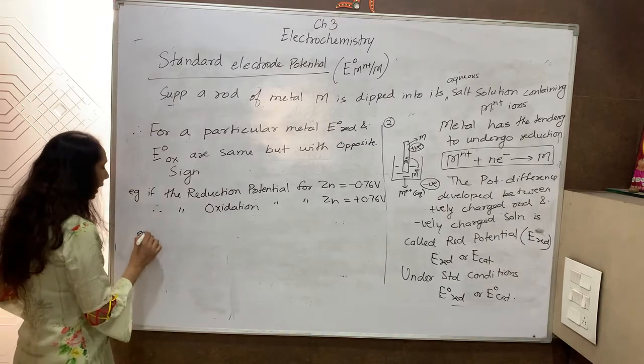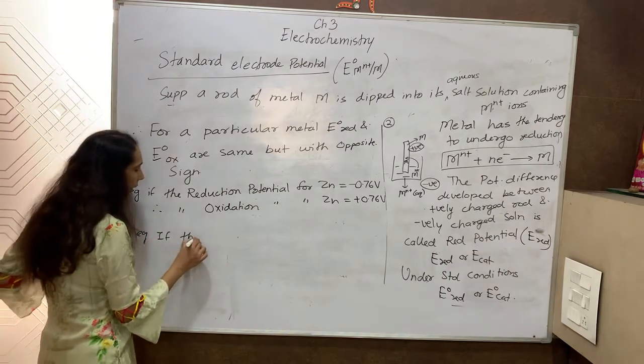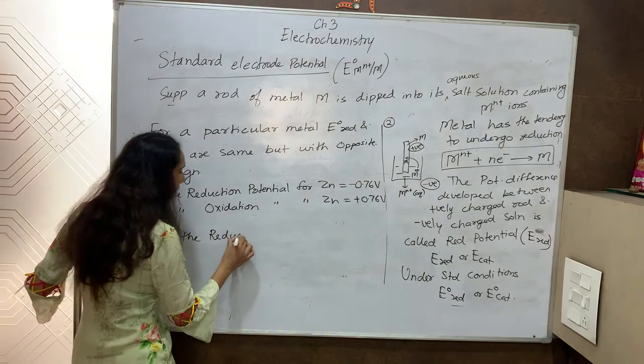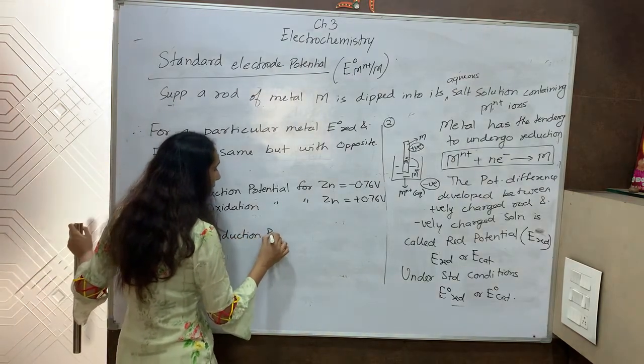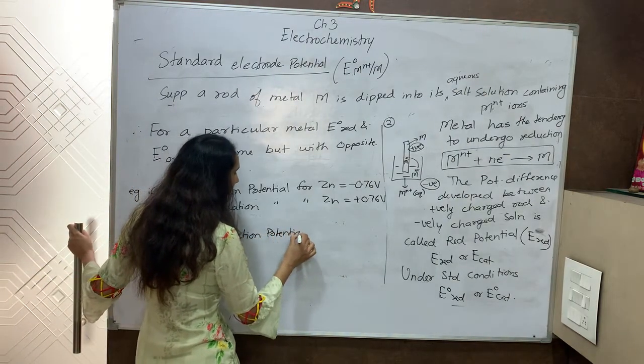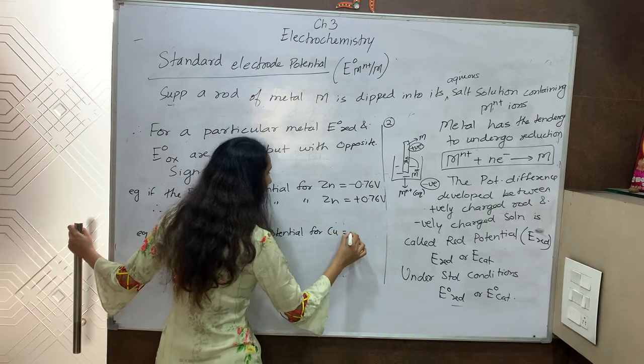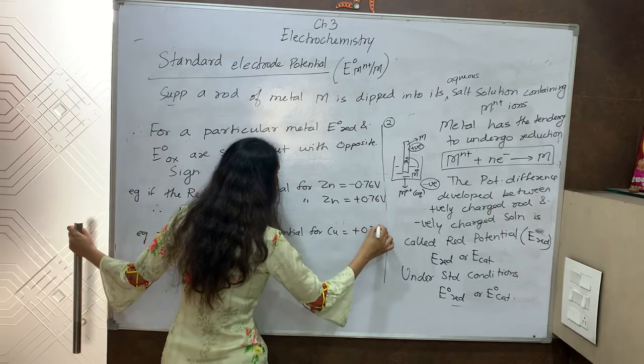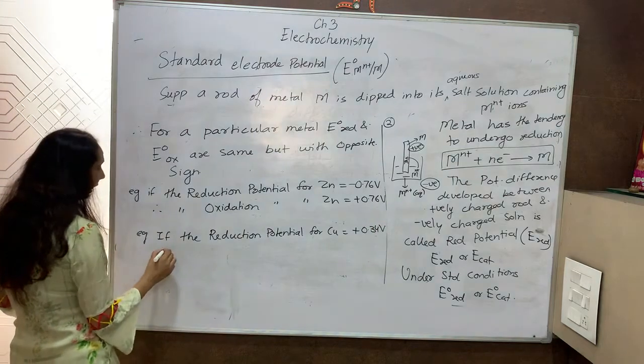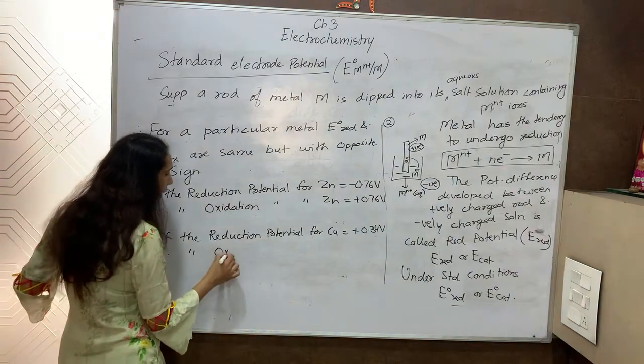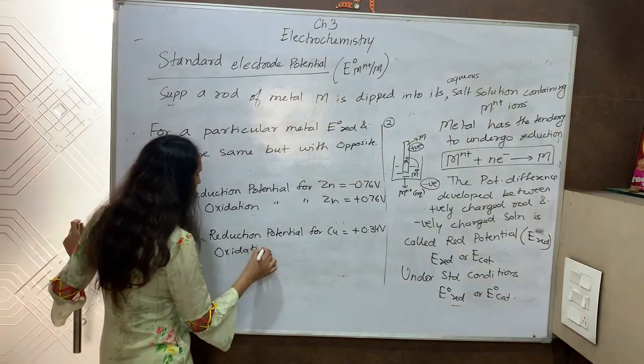In the same way, if the reduction potential of copper is equal to plus 0.34 volt, then the oxidation potential will be minus 0.34 volt.